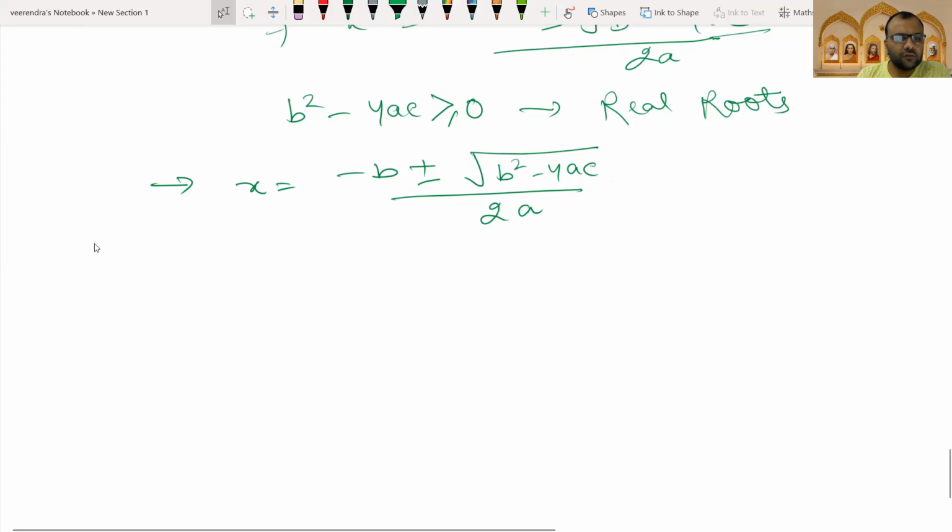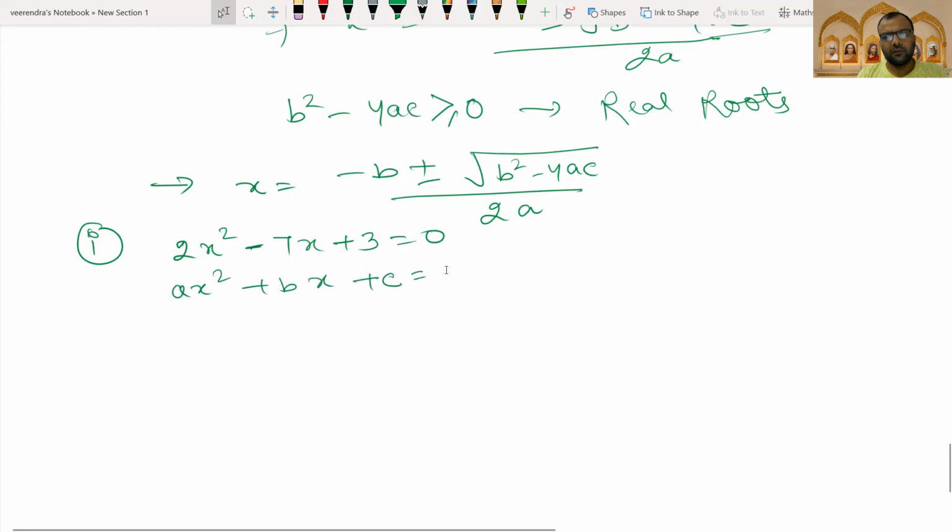So we will do some examples based on that. Suppose we have first 2x² − 7x + 3 = 0. So first we will compare it with our standard quadratic equation, ax² + bx + c = 0, which implies a = 2, b = −7, and c = 3.